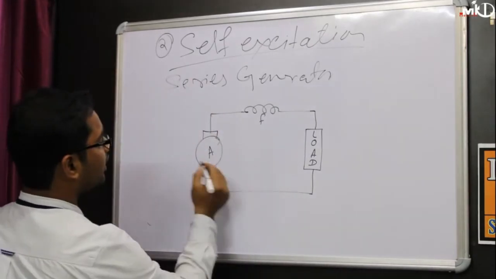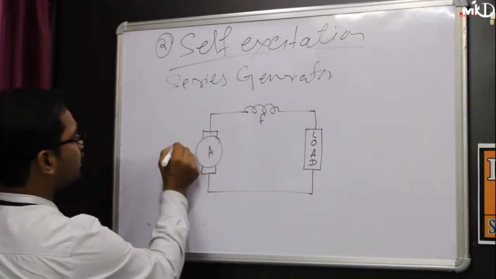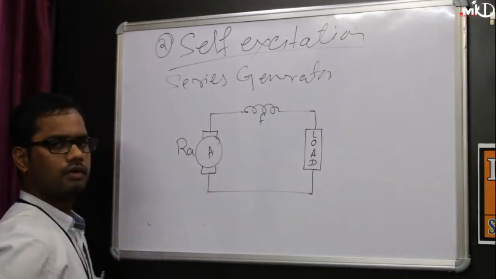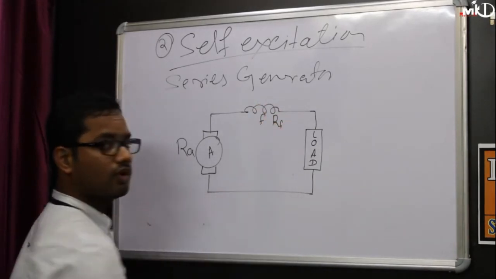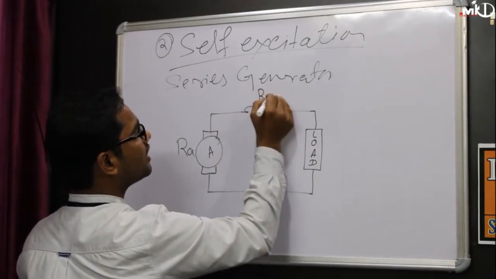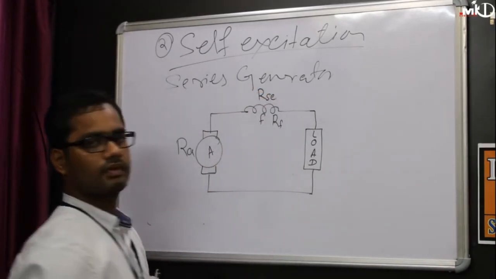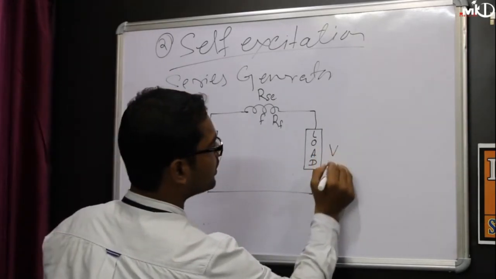So here the current, it is armature, similar to your previous one, it is your RA, and here also you can say it is RF, or as it is series, we are representing it as RSE, series field resistance, and the load, the terminal voltage V is present here.